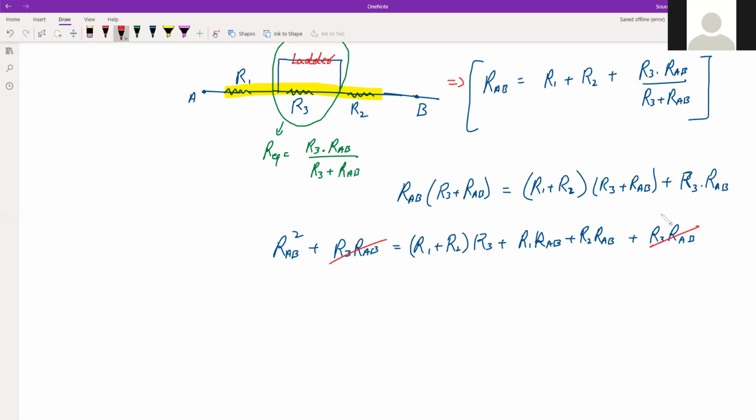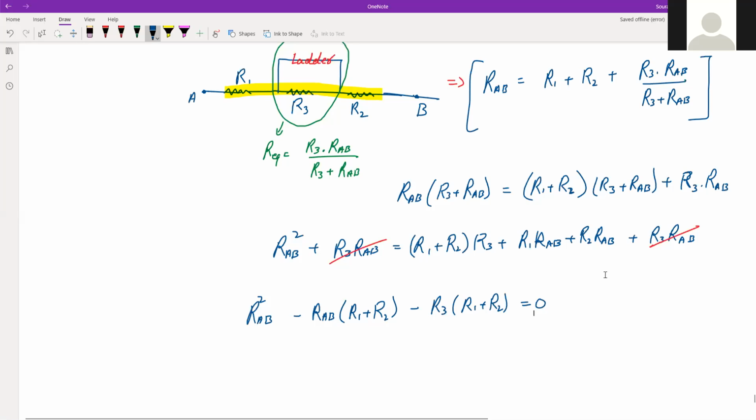So now, in terms of RAB, we get a quadratic equation: RAB square minus RAB into R1 plus R2, and minus R3 into R1 plus R2, equals 0. Now you can solve this quadratic equation.